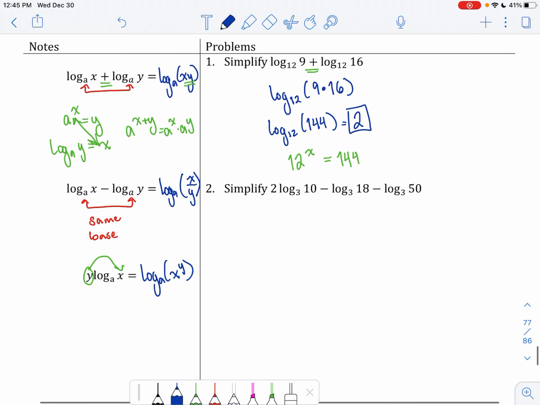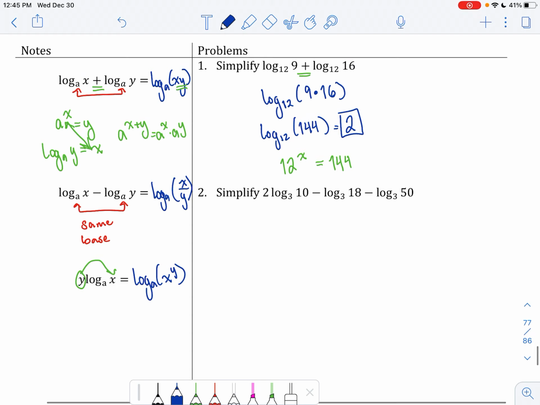Similarly, we can see in number 2, it's just a little bit more complicated. One thing that's really important to see here is that we have 2 subtracted terms. Those are both going to end up in the denominator. So anything that's minus will be in the denominator.